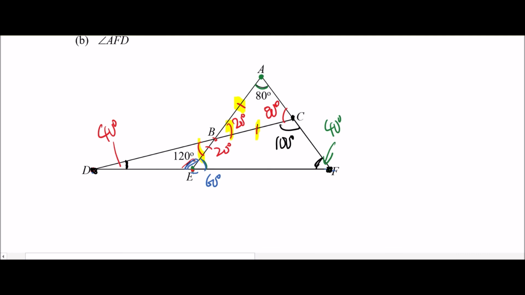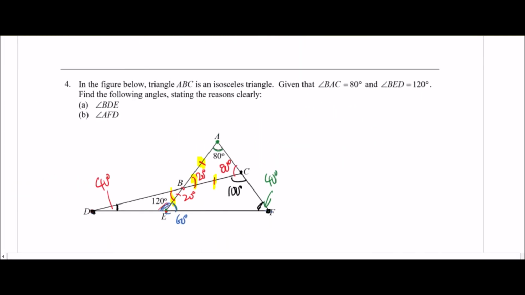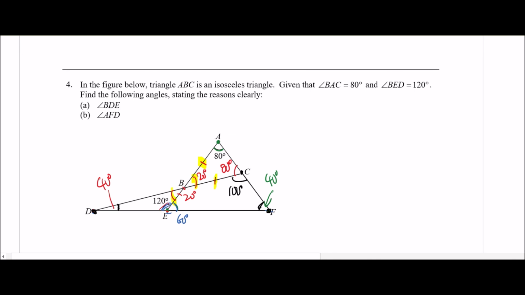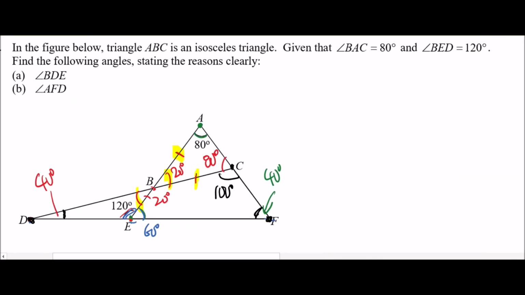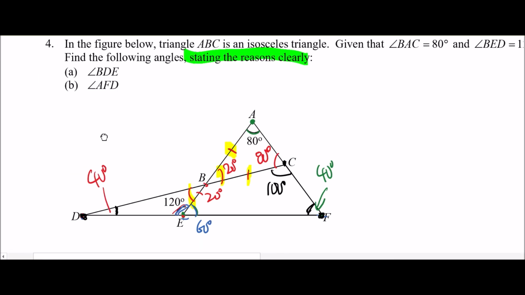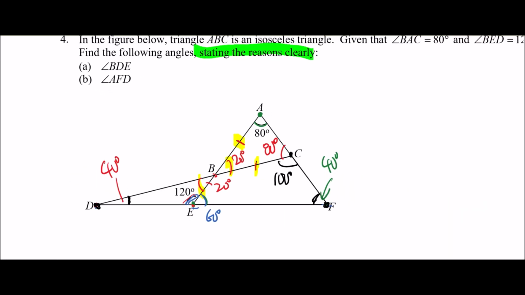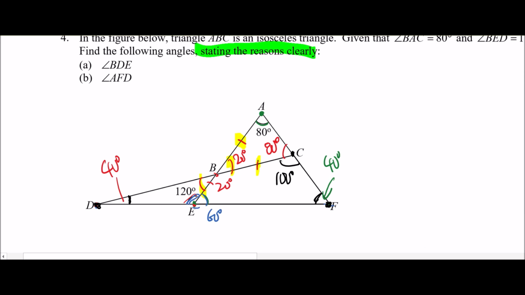Alright, we have most of the things that we need already. So let's go ahead and look at the question. Okay, so given the two angles here, find the following angles, and of course stating our reasons clearly. Don't forget that we have to find angle BDE. Where is BDE? BDE. This angle here, right? This black color angle here, which I've already found.